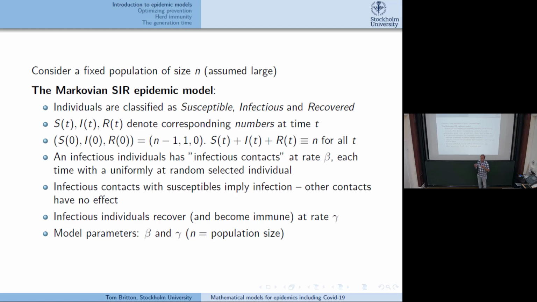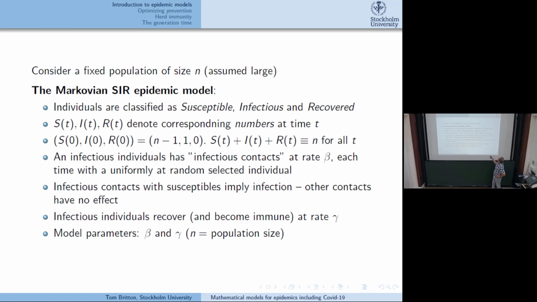So probably you meet people at, let's say, 10 times this rate, but only 1 in 10 you actually infect someone. So beta is the rate of close contacts or infectious contacts. But it only results in infection if the other one is still susceptible, of course. Because if the other one is immune, then by definition you will not reinfect that person.